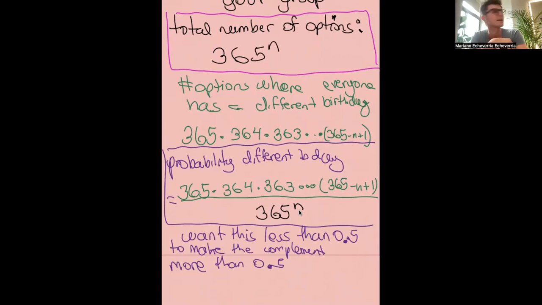Even for a computer, these numbers can get quite large. The exponents grow so quickly, as was mentioned in the chat. 365 to the n grows so quickly that I don't recommend just doing the entire product.